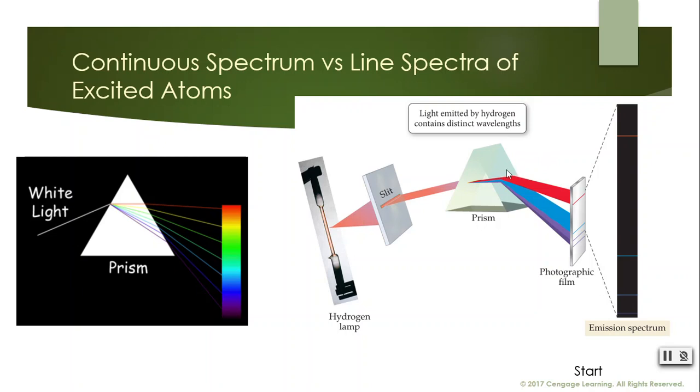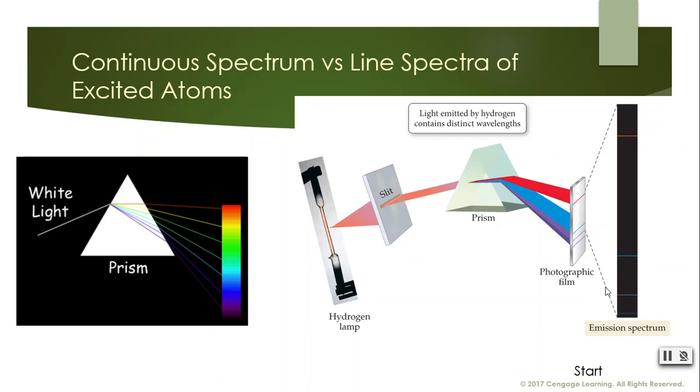And if I was to take a picture of those distinct wavelengths using some sort of detector or some sort of film, those distinct wavelengths would be in the form of lines, which you see here.